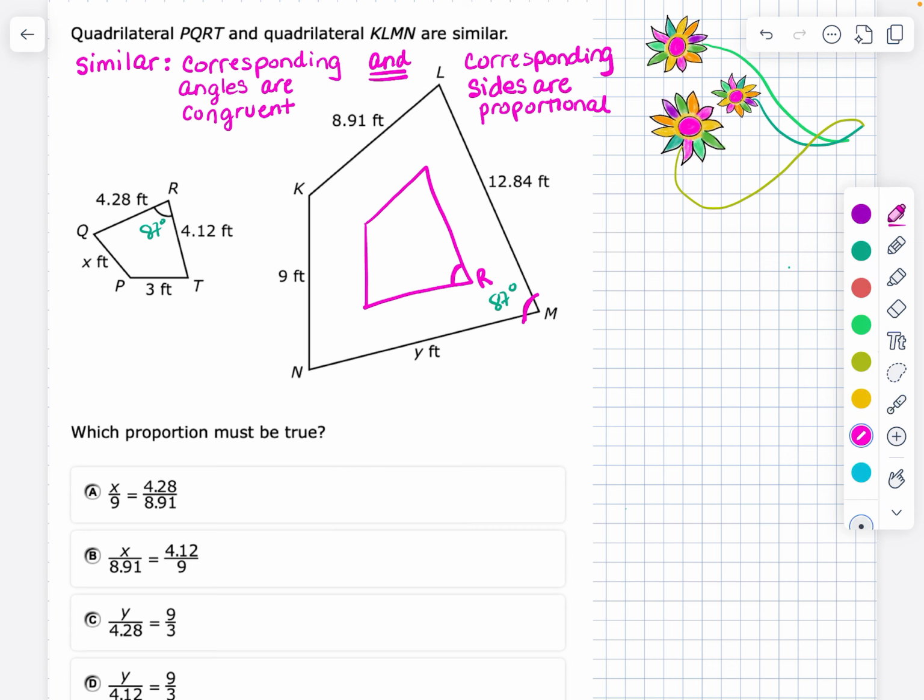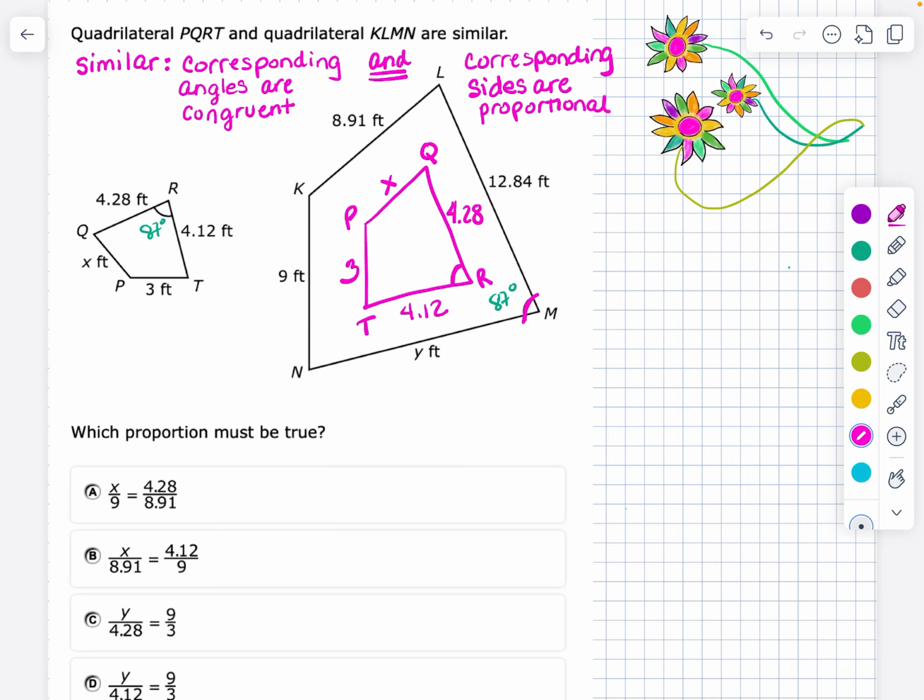So R goes to T, and T goes to P, and P goes to Q, and then back to R. Now I'm going to label each of the values. So R to T is 4.12, and T to P is 3, and P to Q is X, and Q to R is 4.28. Okay, so that is the most difficult thing, in my opinion, that you do.